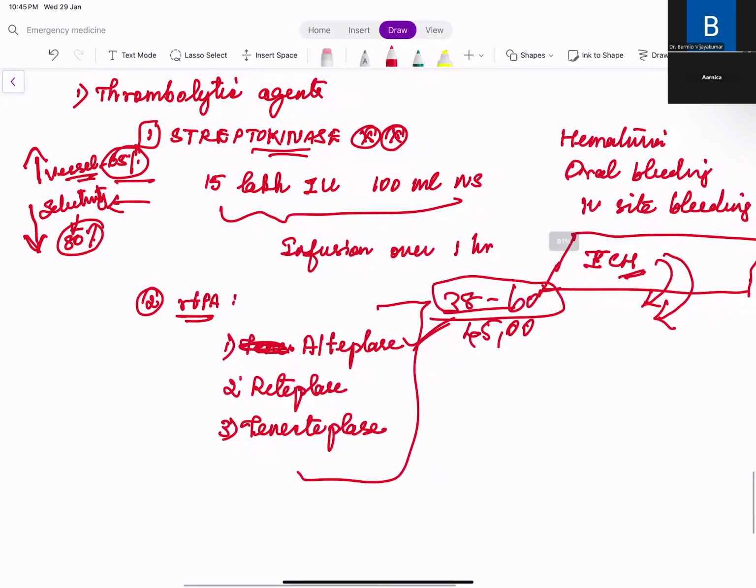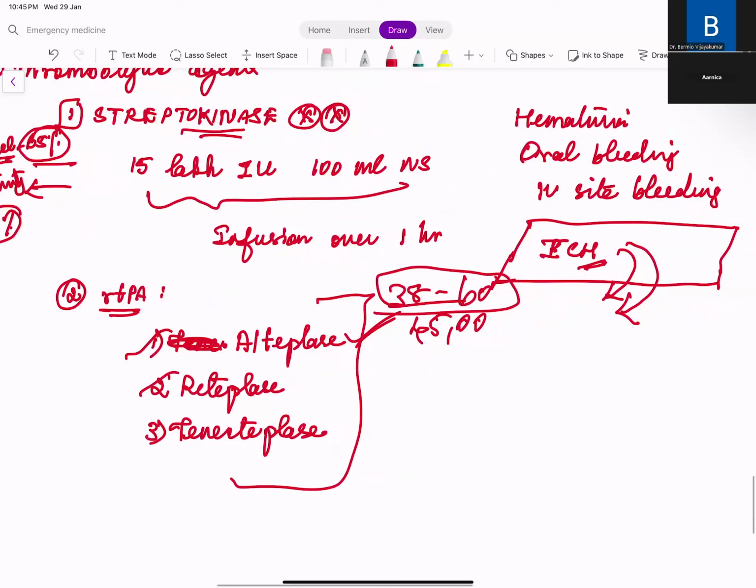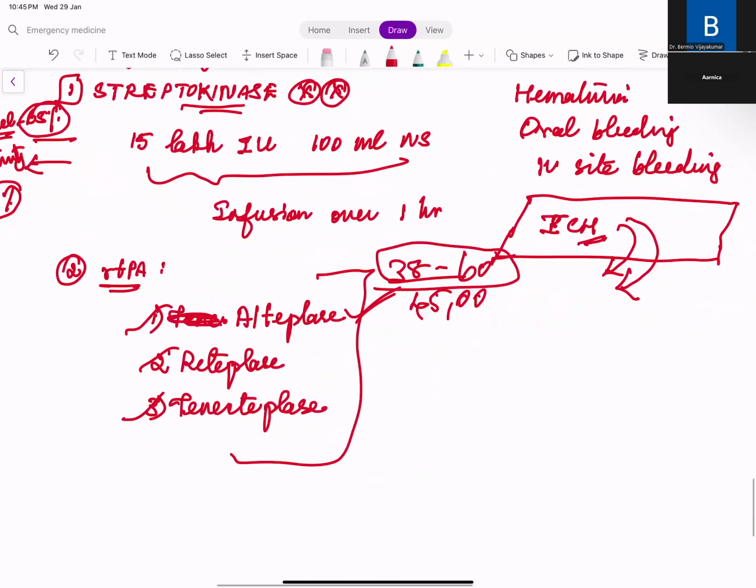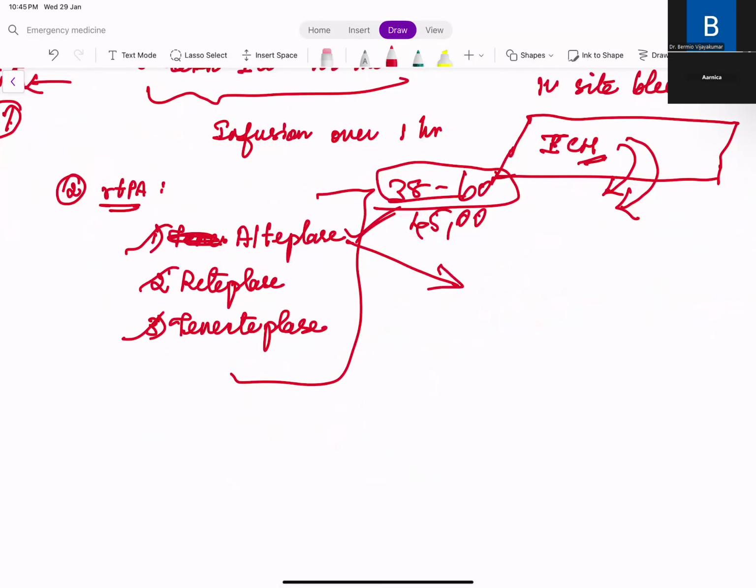Some medical colleges have these also available. I'll just quickly tell the dose. Alteplase comes in 50 milligram vials, so we have to dilute that. The first 5 milligrams should be given as IV bolus. Then the remaining 45 milligrams should be given as IV infusion over 1 hour.